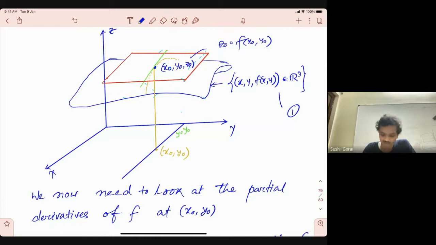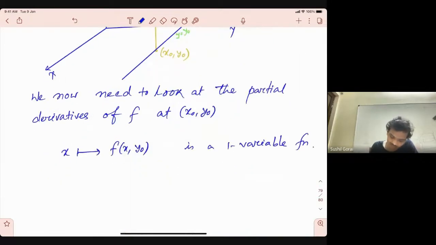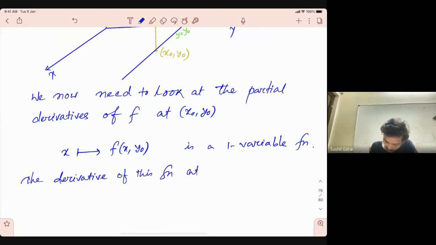So the derivative of this function at x equal to x naught is the partial derivative del f by del x at x naught, y naught.